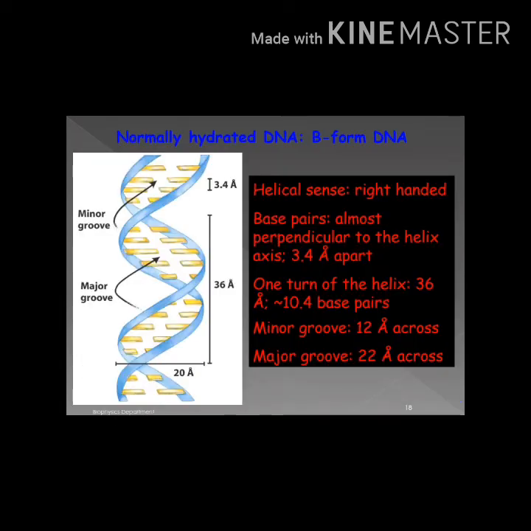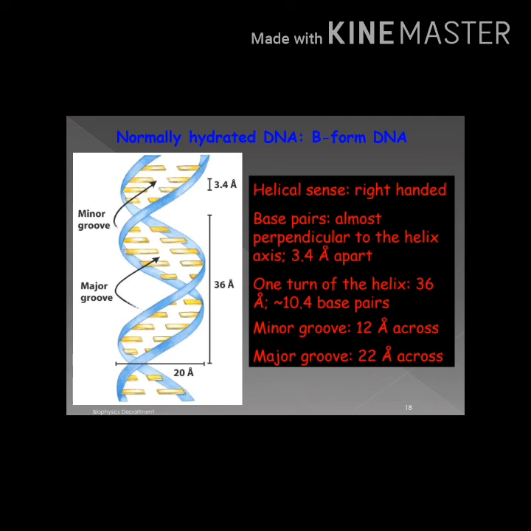In more detailed form, the hydrated DNA in B form, which is a more functional form in a living system. So here a single strand is wrapped around another single strand in a helical form.